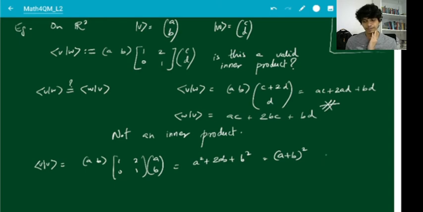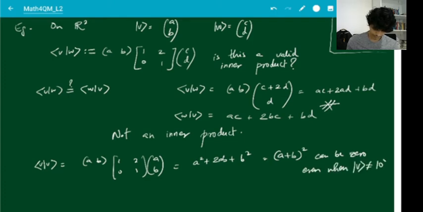But if this is 0, it doesn't mean that V is a null vector, because even if B is minus A, this will still give you a 0 norm. So this also is not satisfied, which can be 0 even when V is not the null vector. So again, not an inner product.